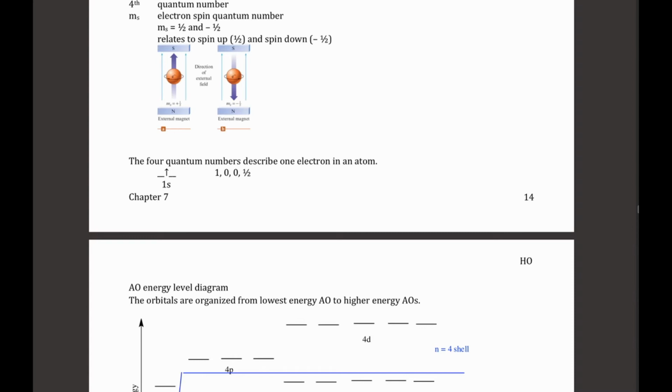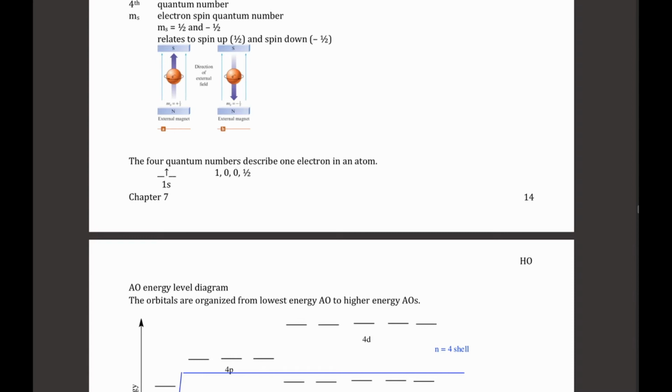The 4 quantum numbers, so n, l, m sub l, m sub s, they describe one electron in an atom. Like if we draw the electron with an arrow up if we're talking m sub s plus 1/2, or an arrow down if we're talking m sub s equals minus 1/2, because it's describing how the electron is spinning.